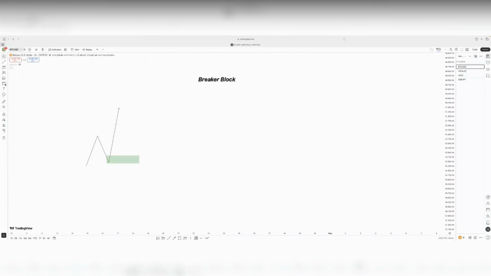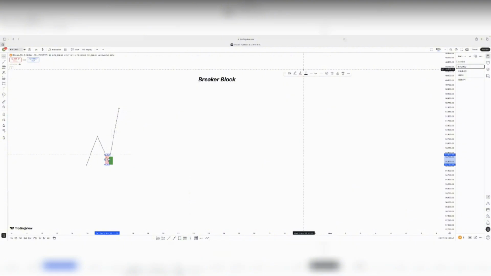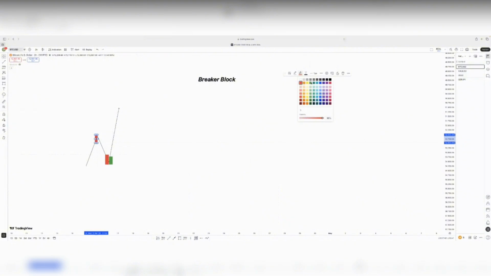This is your order block. Now, remember what I told you about invalid and valid order blocks.